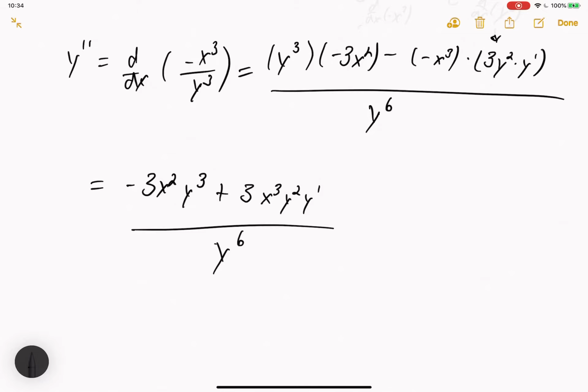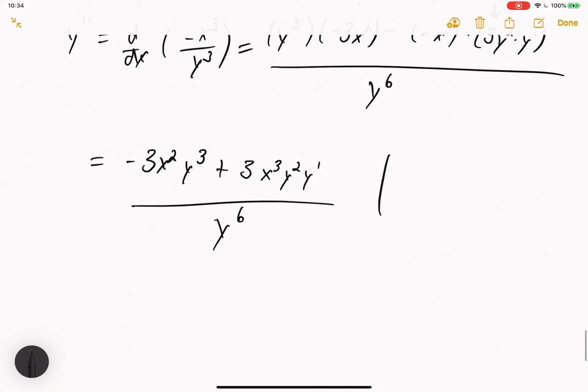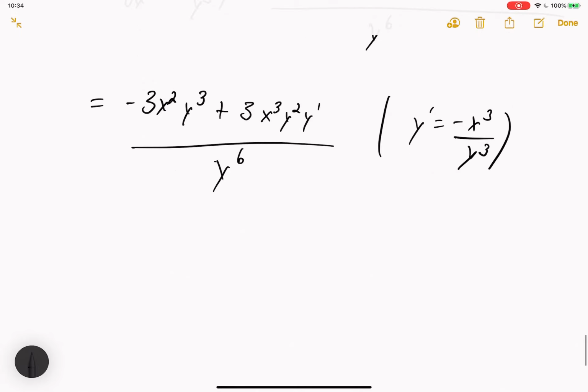But remember what y prime was earlier, we solved for y prime, so we actually know what it is. So y prime is equal to negative x cubed over y cubed. So we can substitute that back in.